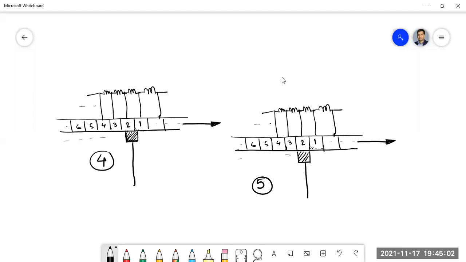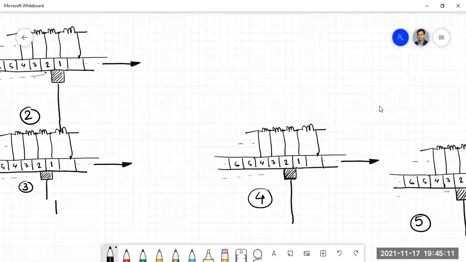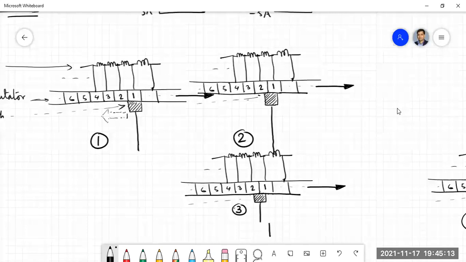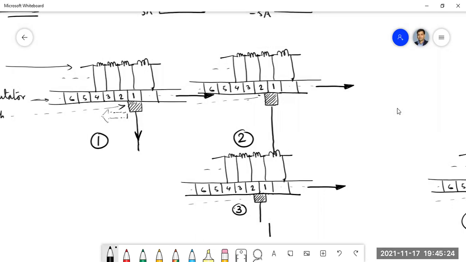It is as if the brush is moving from right to left, but actually the brush is not moving, the commutator segment is moving. We are drawing the relative movements. So 1, 2, 3, 4, 5. Now let me draw the current directions. The brush will carry the current either outward or inward.